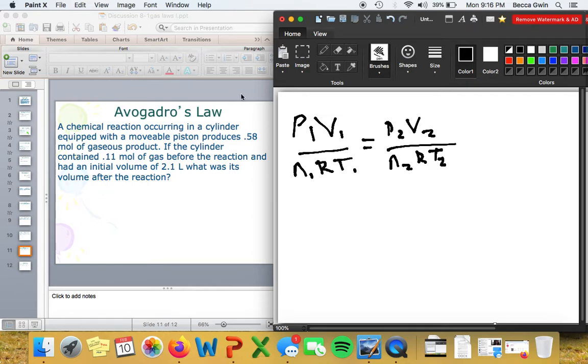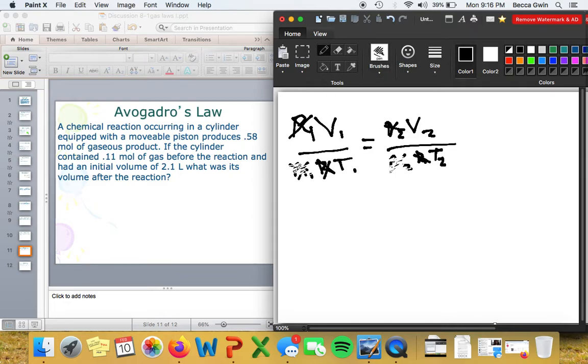Our question says nothing about pressure. So I'm going to take that out of my equation. I'm not going to do anything with my pressure. My question says nothing about my number of moles, so I'm going to assume that's the same on both sides. R is the same on both sides. Sorry, we do need our moles. What I meant to say was that our question says nothing about our temperature.